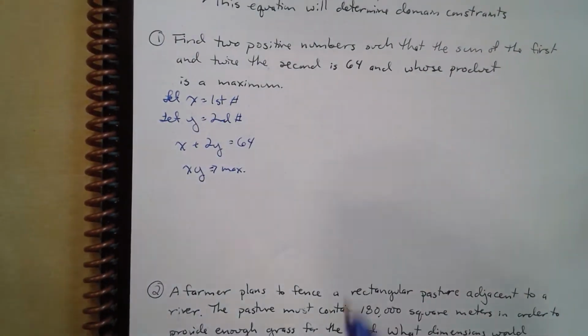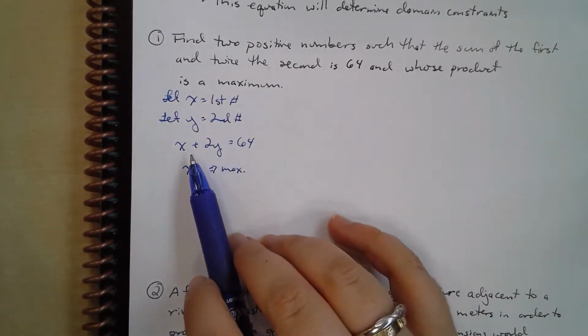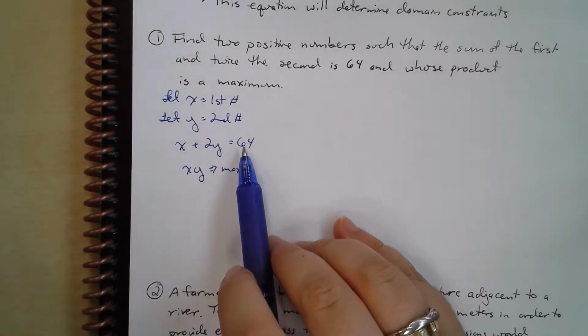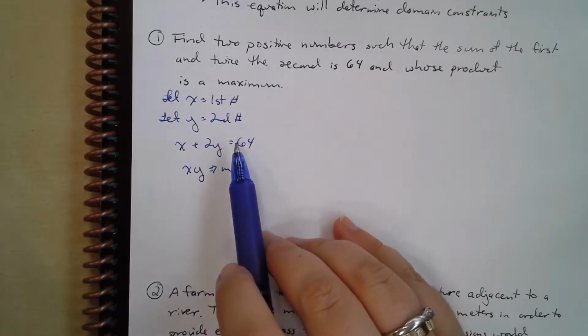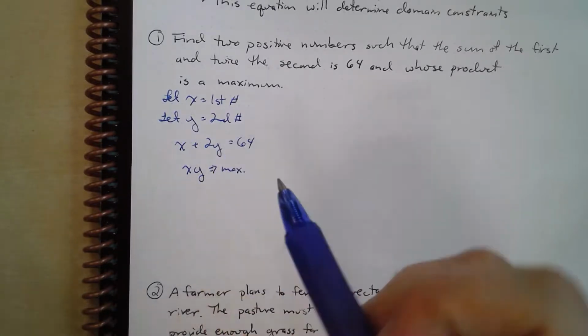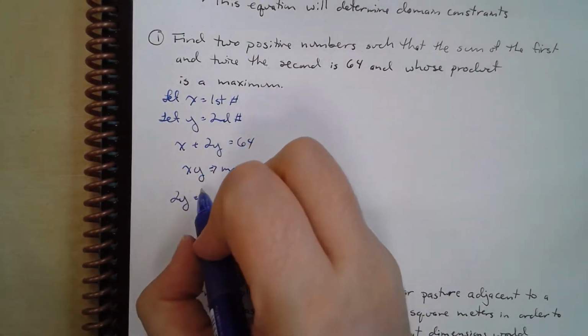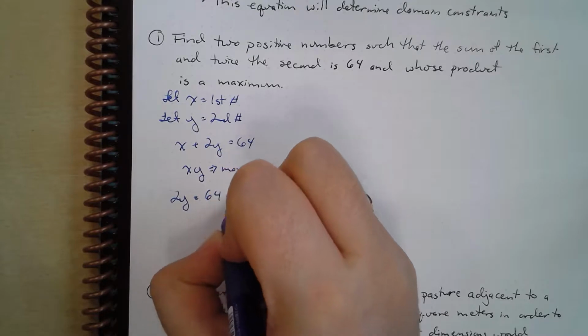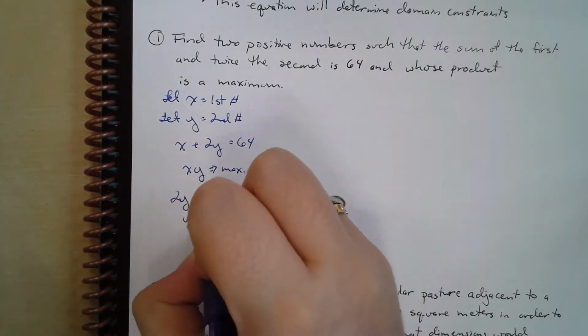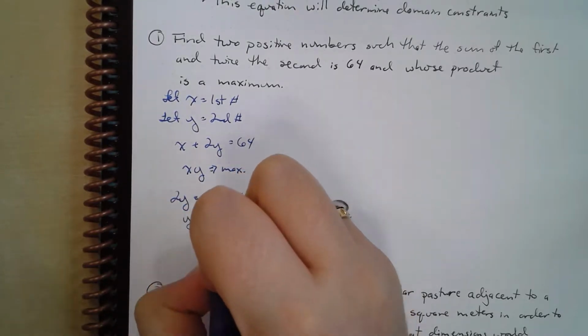Well, the first thing I'm going to do is solve x plus 2y equals 64 for y, so I isolate a variable. Now, you could solve it for x if you want. It really doesn't matter. But I'm going to have 2y equals 64 minus x, so y equals 64 minus x over 2.